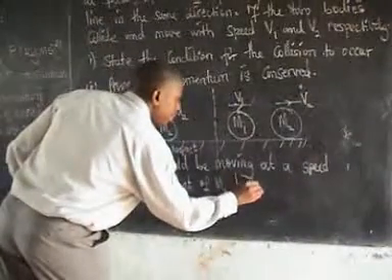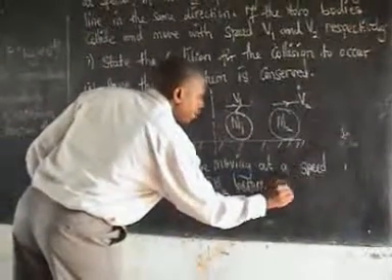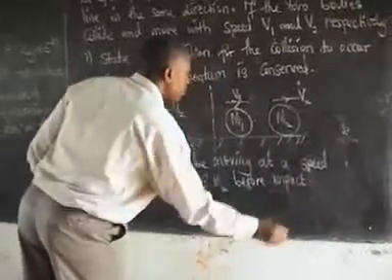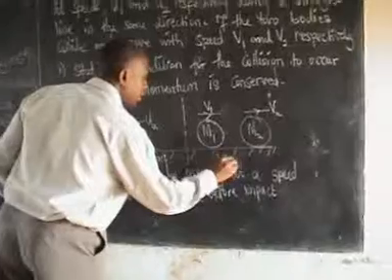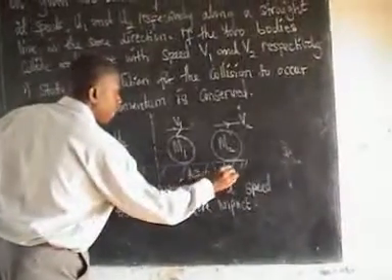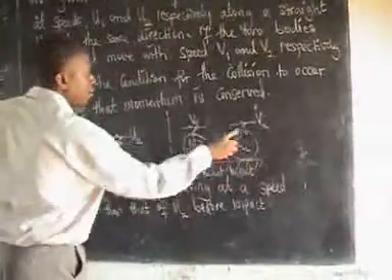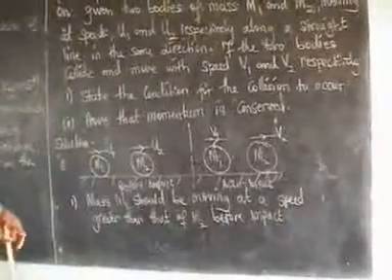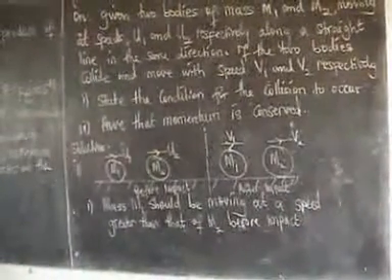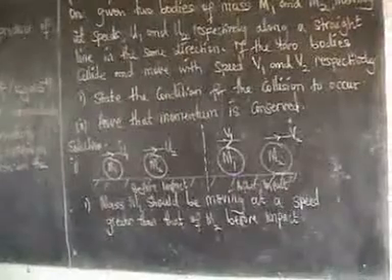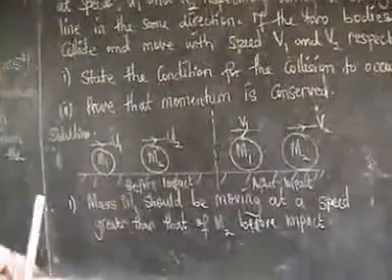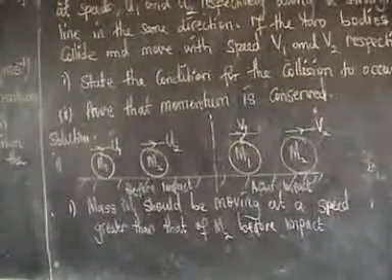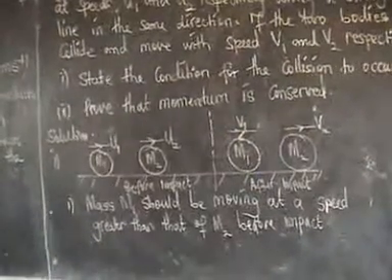Then after impact, m2 should move at a speed greater than that of m1. Otherwise, these two bodies would collide for the second time, which is practically impossible.